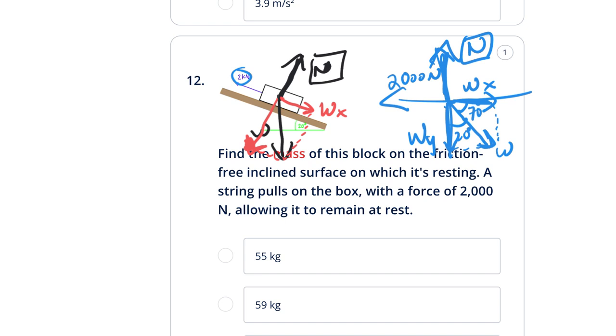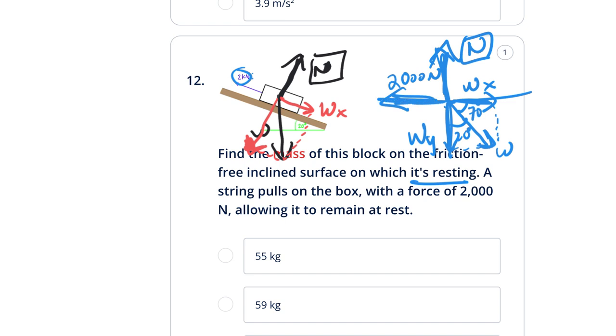So what am I solving for? The mass. Find the mass of the block, which is resting. So the string's pulling it and keeping it from sliding down.